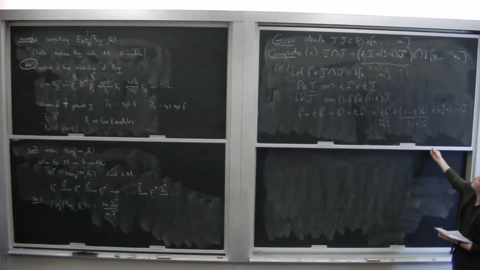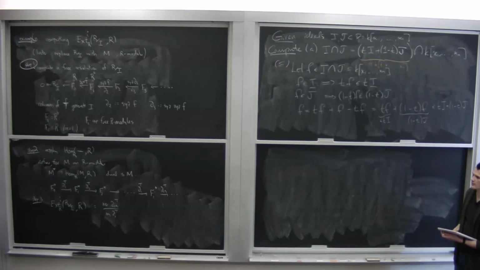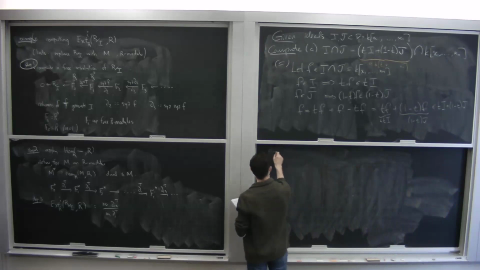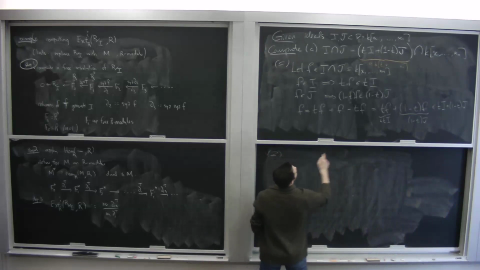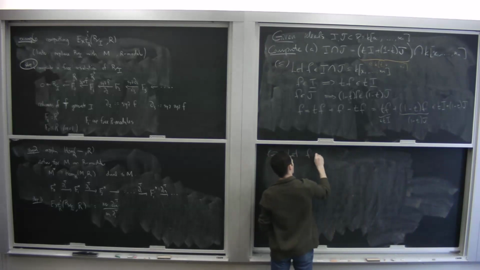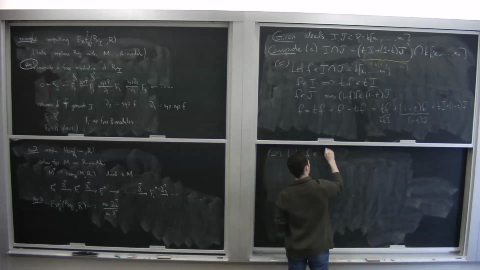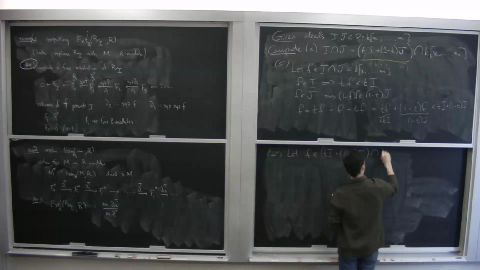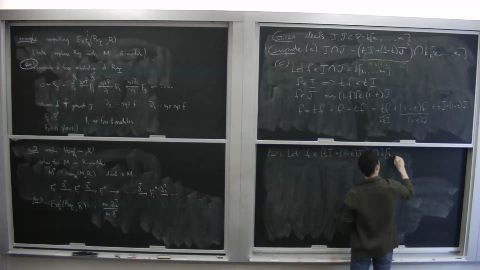The other direction is trickier. The other inclusion, we start with something on the right hand side. So we'll let f be something of the form tI plus (1 minus t)J, intersect, or just get rid of t.